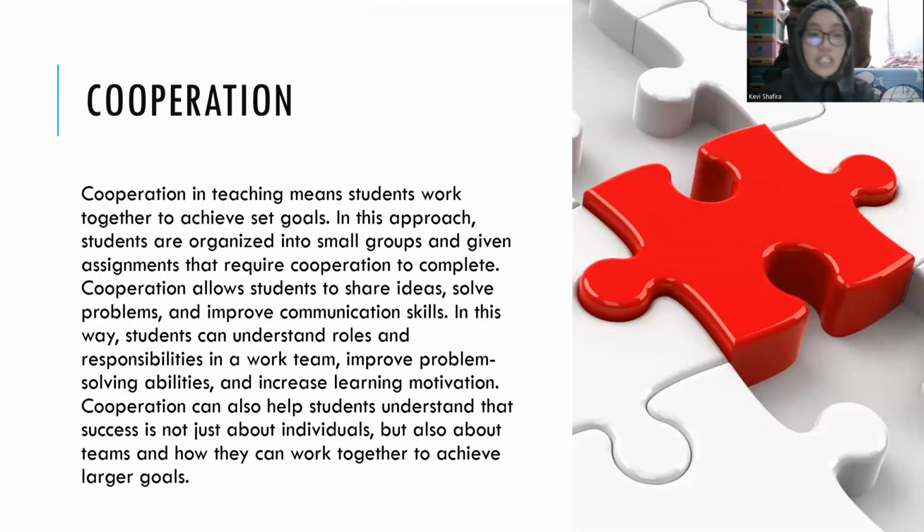Definition of cooperation. Cooperation in teaching means students work together to achieve set goals. In this approach, students are organized into small groups and given assignments that require cooperation to complete. Cooperation allows students to share ideas, solve problems, and improve communication skills.